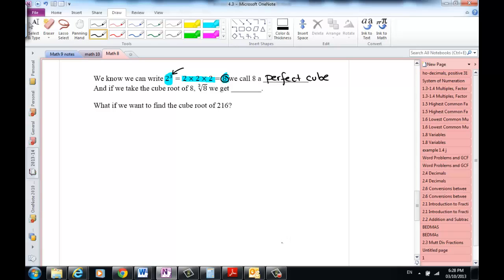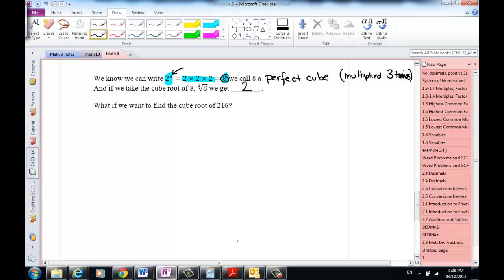Okay, and that's because it's a number multiplied by itself 3 times. Now, if I want to take the cube root of 8, so what number multiplied by itself 3 times equals 8, we would get 2.